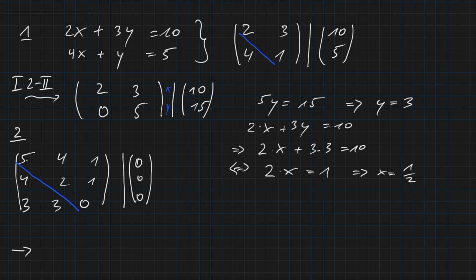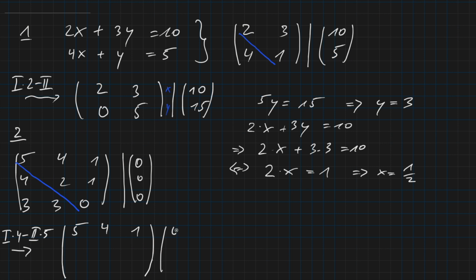So then we can multiply the first row by 4 and subtract the second row times 5. First row times 4 minus second row times 5. So this gives us 5, 4, 1 here again. We don't need to change anything here.